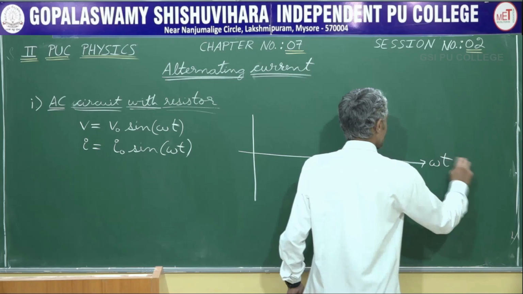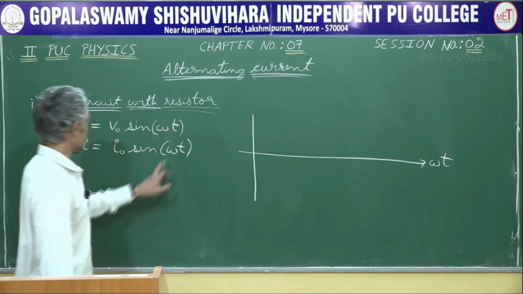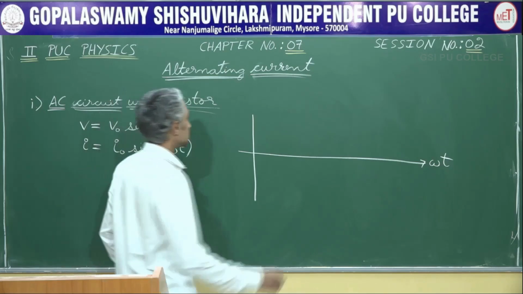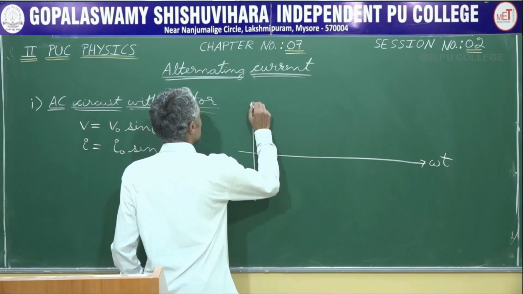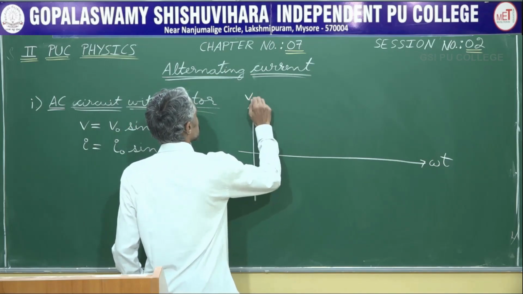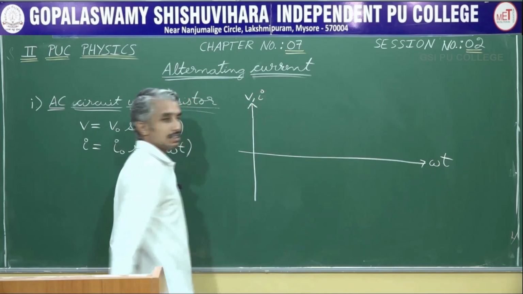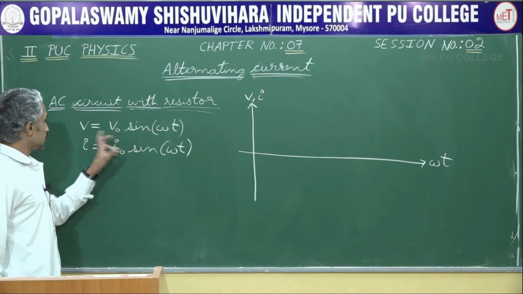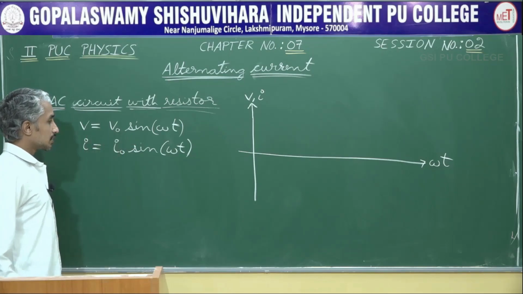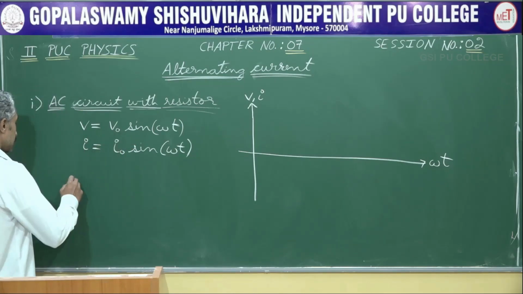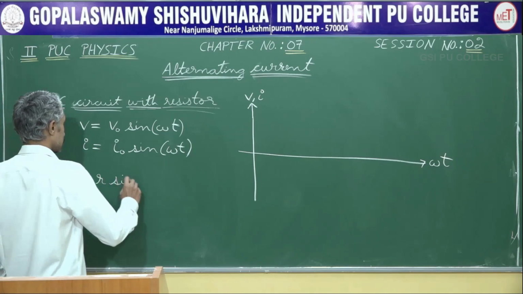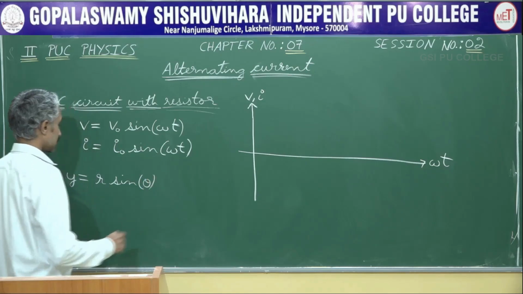Along the x-axis, we will note down omega t. So, omega into t is nothing but theta. And along the y-axis, we will note down both voltage and current. So, V is equal to V naught into sin omega t. This is just like writing y is equal to r sin theta.